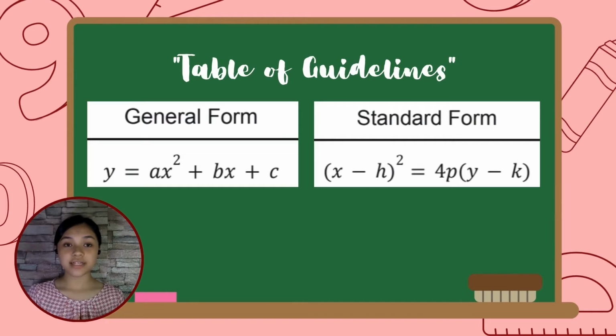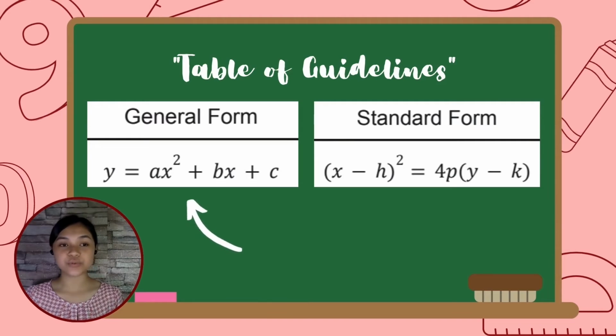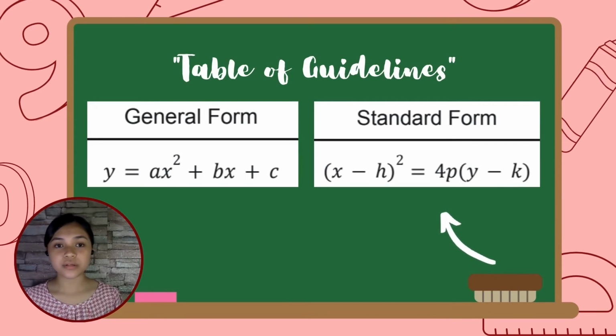We have general and standard form. The formula of general form is y equals ax squared plus bx plus c. For the standard, we have the quantity x minus h squared equals 4p times the quantity y minus k.